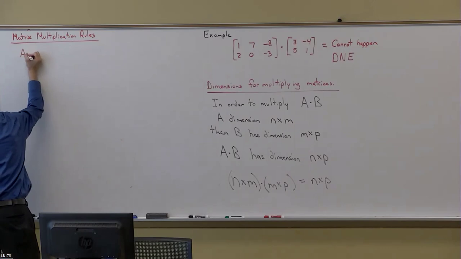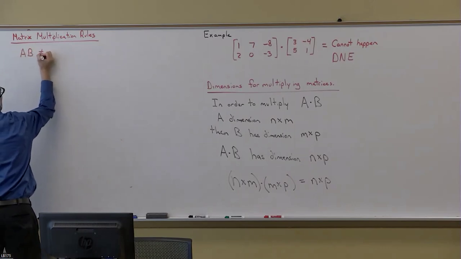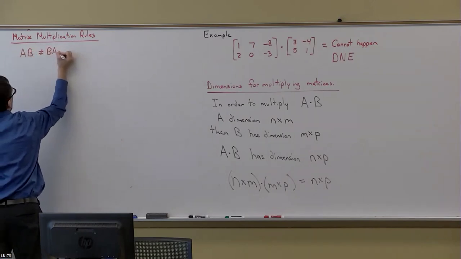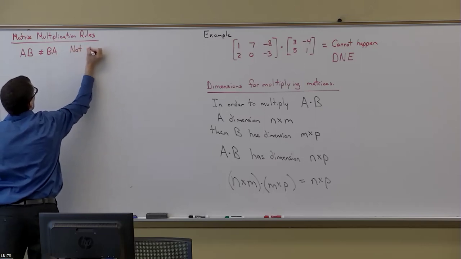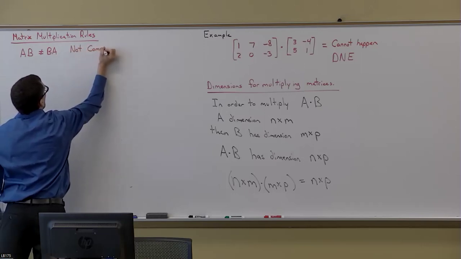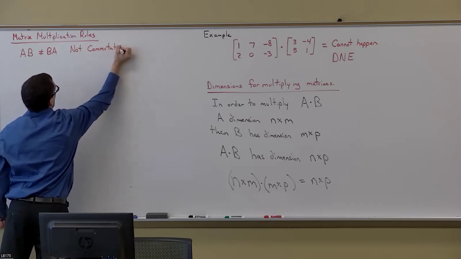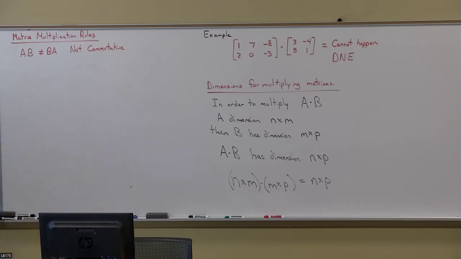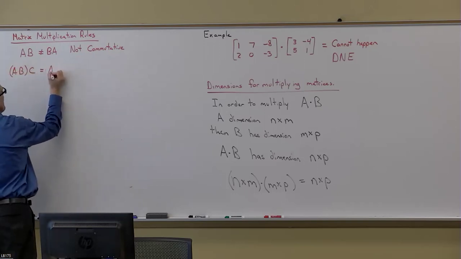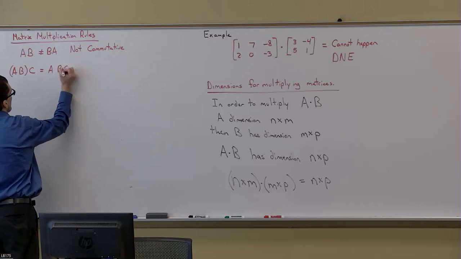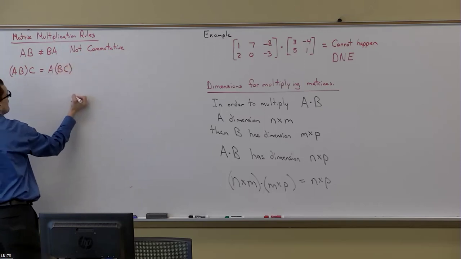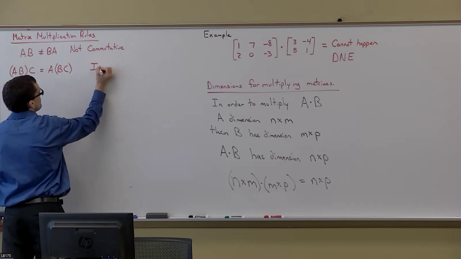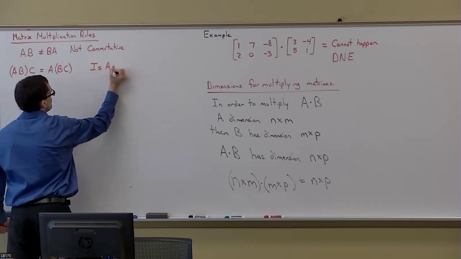All right, so AB is not BA, so not commutative. That's the big one. But if I have three matrices that I multiply, as long as I keep the order straight, matrix multiplication is associative.